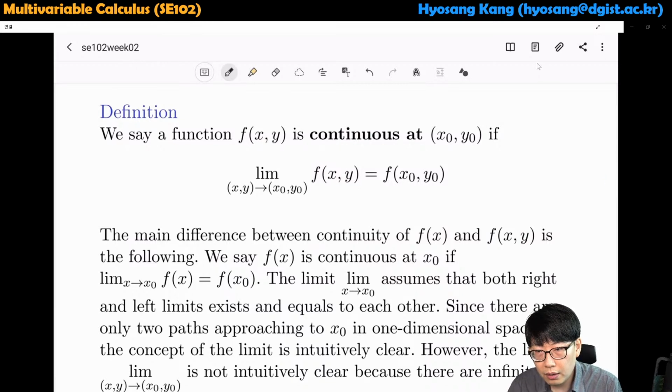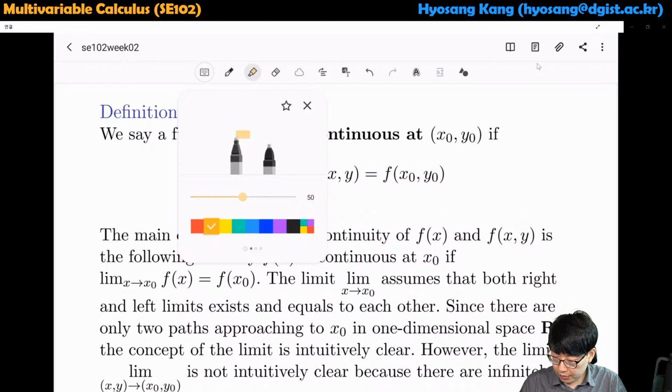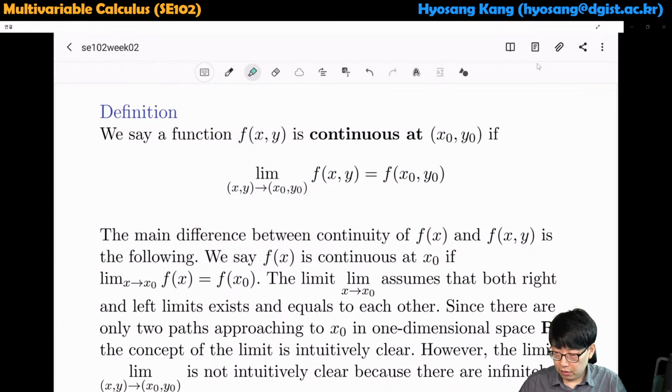Okay, so we have some time here. Once we know about the concept of limit, we're now ready to talk about the continuity of a function. Similar to the continuity of a single variable function, but now we're talking about a two variable function. Basically, if the limit of the function at (x0, y0) is the same as the value of the function, then we call it a continuous function.